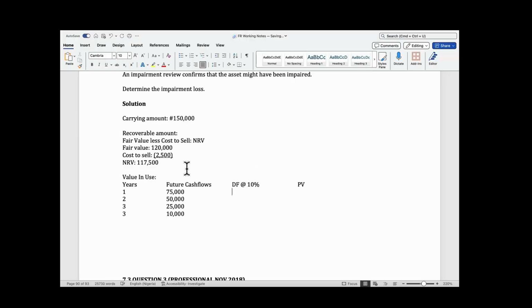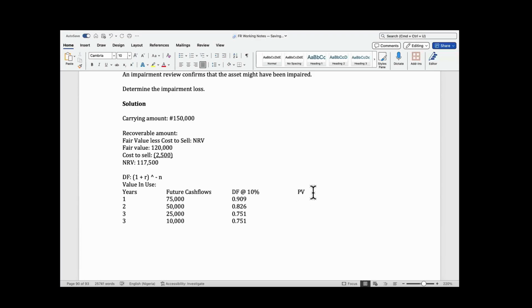In case you are wondering how to get this DF, it is 1 plus R raised to the power minus n. Year one, 0.909. Year two, 0.826. Year three, 0.75.